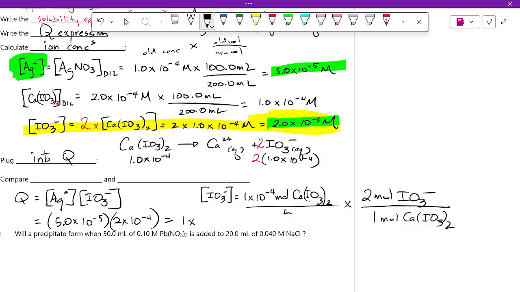And that's 1 times 10 to the negative 8.